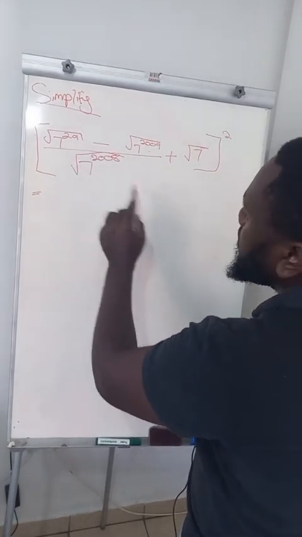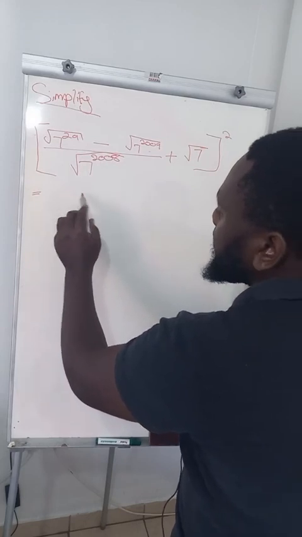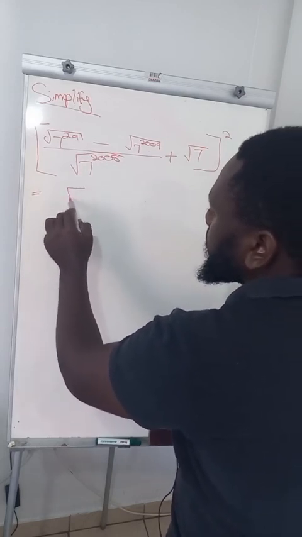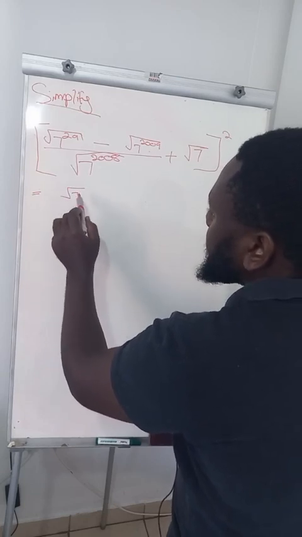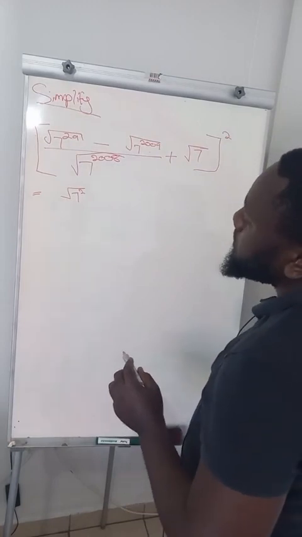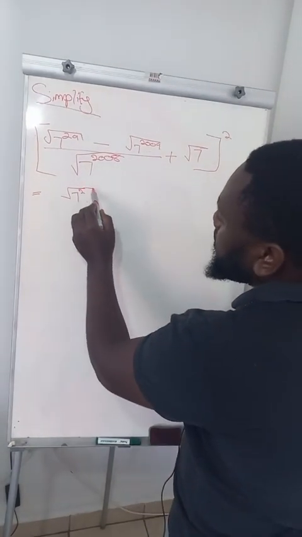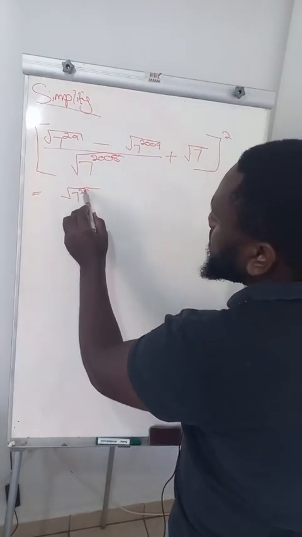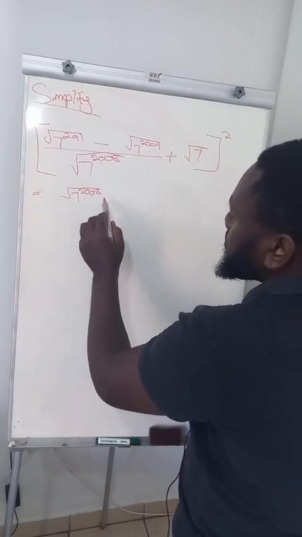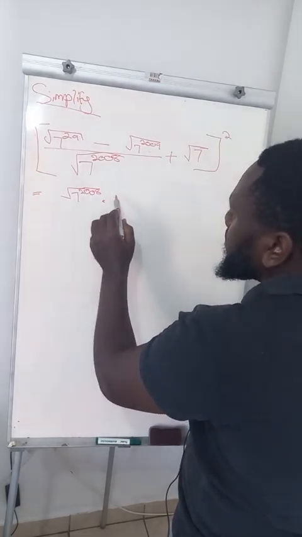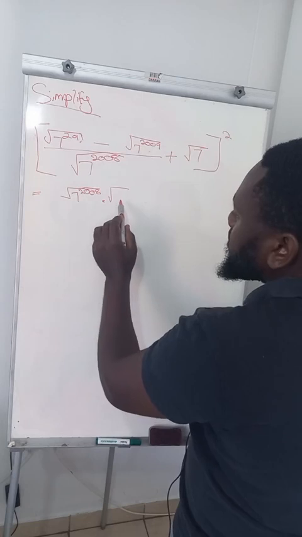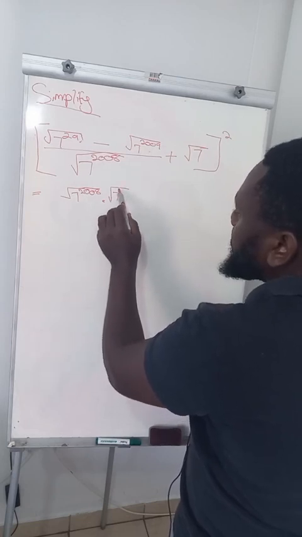You'll say the square root of 7 to the power of 2008, and then multiply by the square root of 7 to the power of 3.